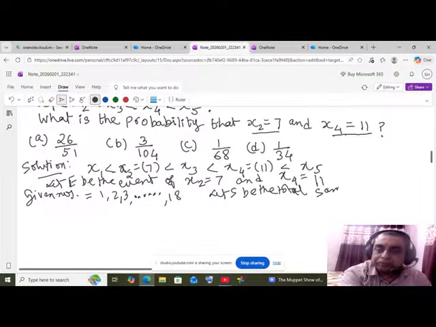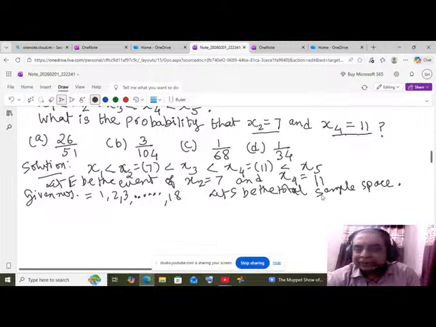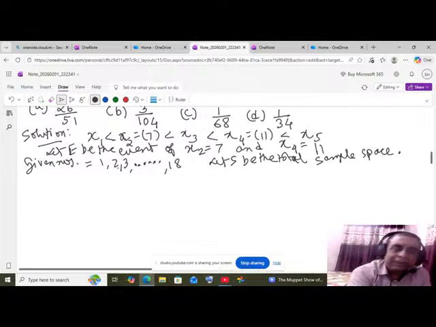What is the meaning of total sample space? In how many ways can five numbers be selected from these 18 numbers? All possible ways: n(S) is choosing 5 from 18, which can be done in 18C5 ways.